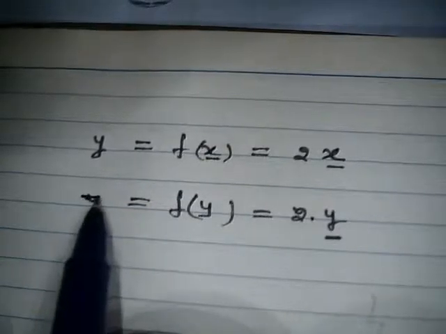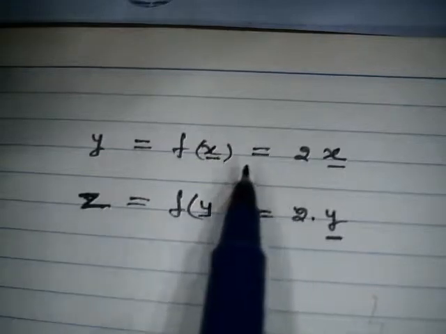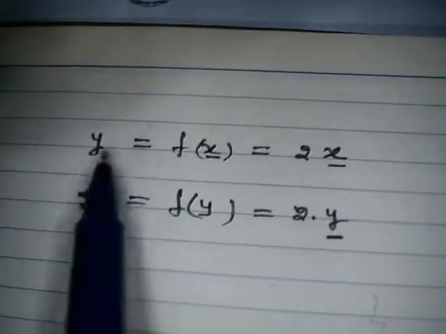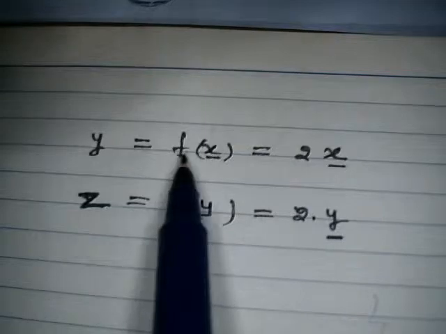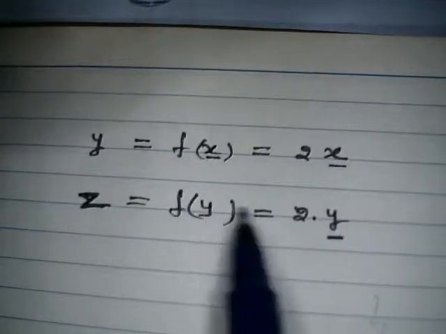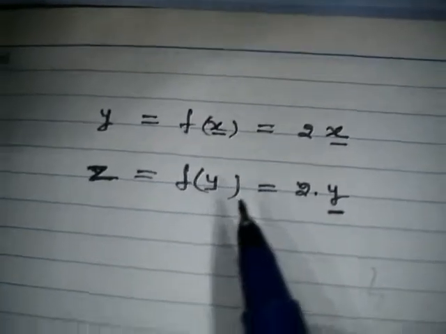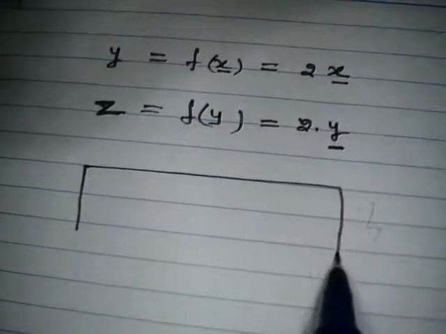So for example, y equals 2x, or f of x equals 2x, or f of y equals 2y. Now I'll make one table and we see the result of it.